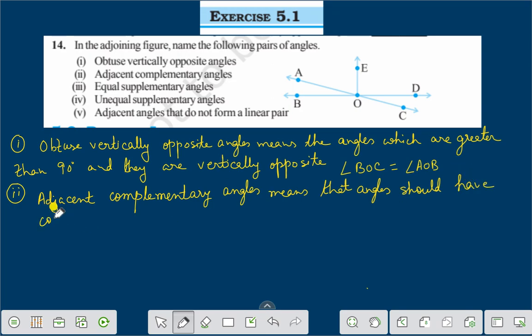a common vertex, a common arm, and non-common arms.